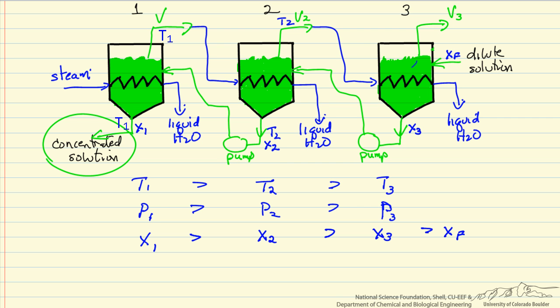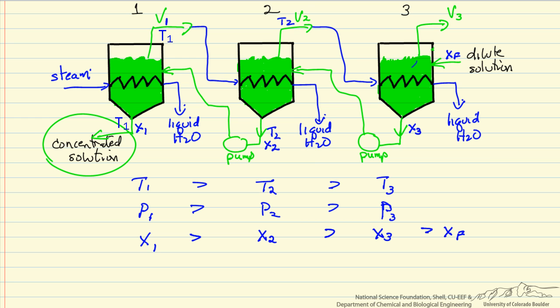So this describes the operation where we take advantage of the vapor that we form in one effect as the heat source. And that's why T1 must be greater than T2 in order for it to be able to evaporate the liquid in the second effect. Likewise, temperature 2 must be greater than temperature 3 to have a temperature difference so we can evaporate the formed vapor 3.